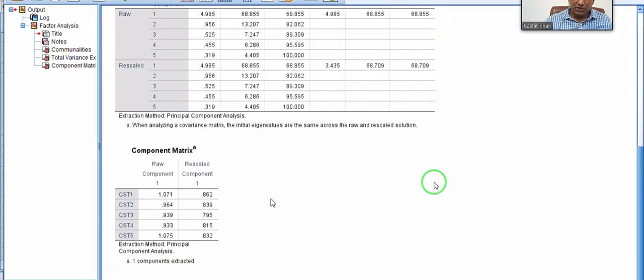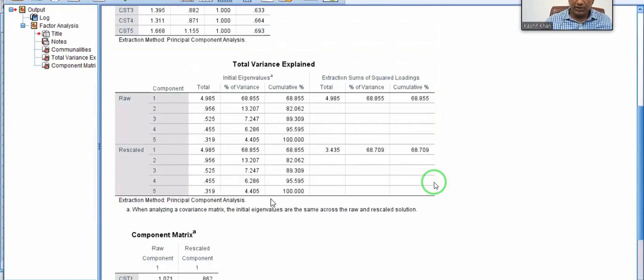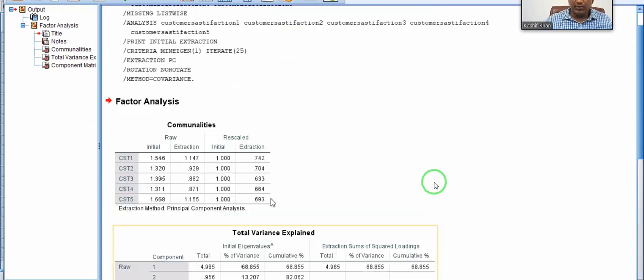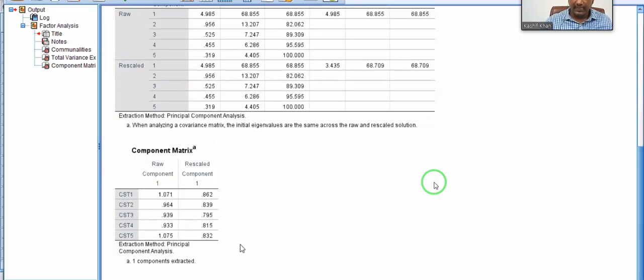Okay, I just need to make sure my rotated component matrix, where is rotated? I just need to make sure that rescaled component values are above 0.5, right? So rescaled one, all these are above 0.5. So that means each outer loading, in other words, these are the outer loadings that you see in Smart PLS, a factor loading, here we call it factor loading.